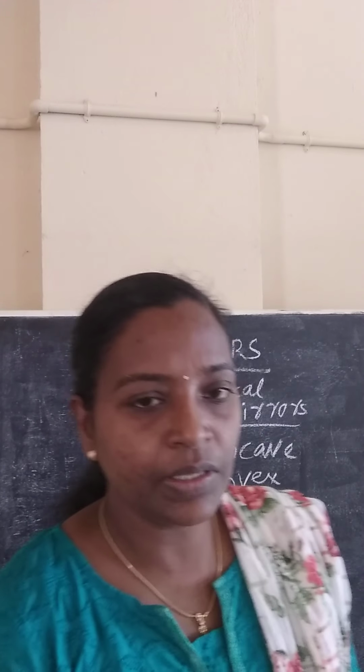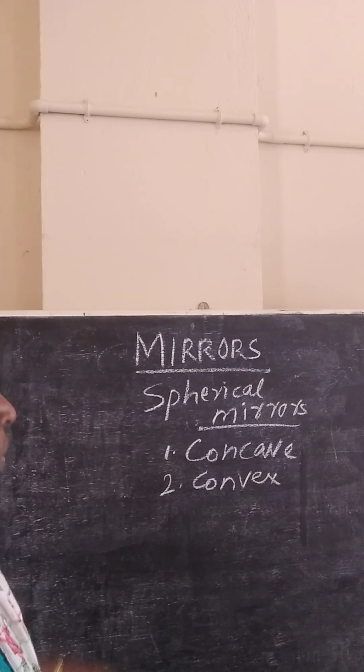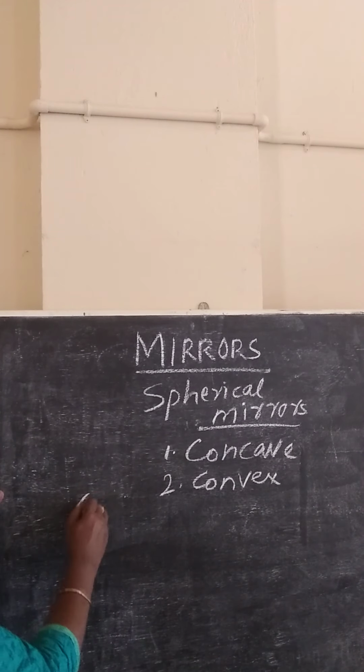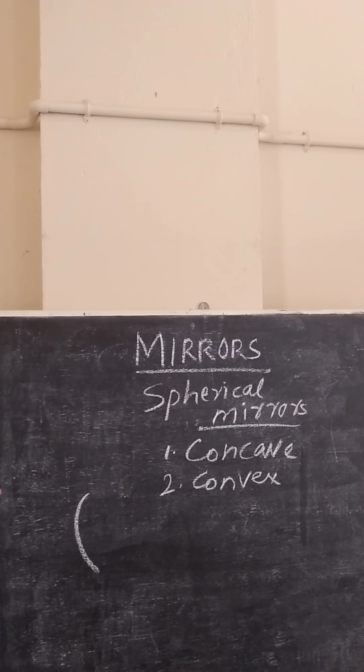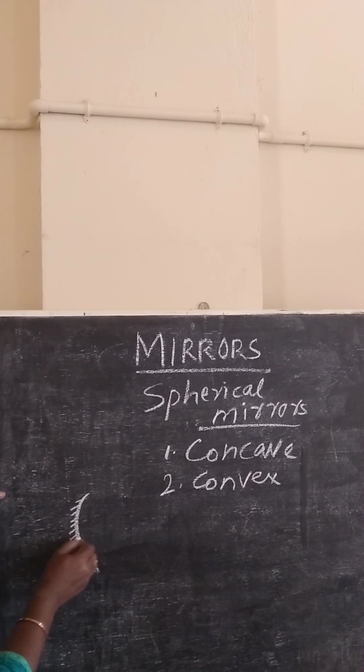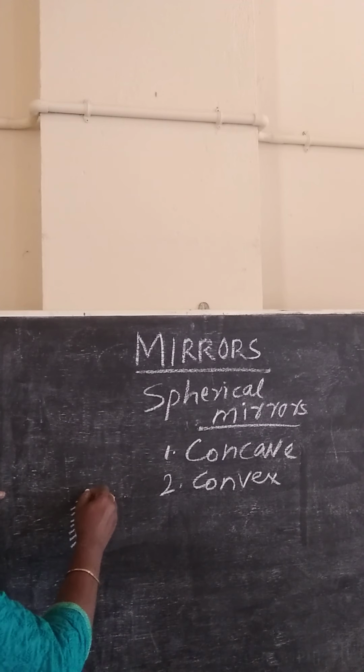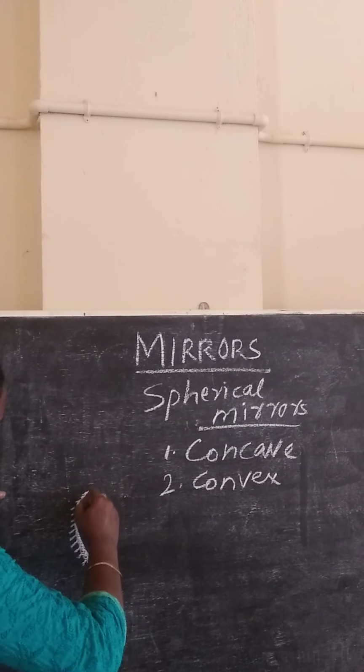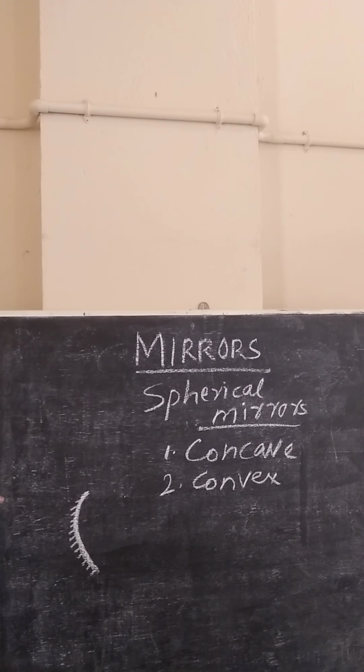Let me start with the points related to the concave mirror. This is the pictorial representation of a concave mirror. The bulging out surface is not reflecting, and the bending surface is the reflecting side.